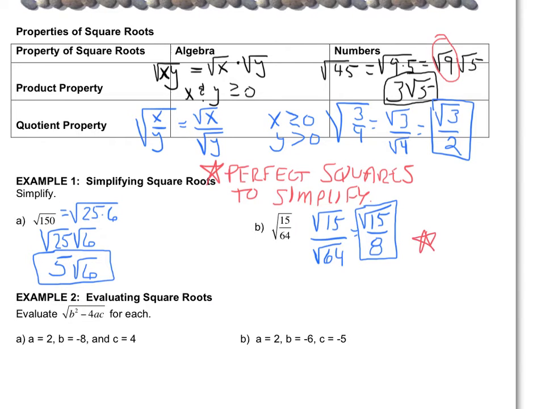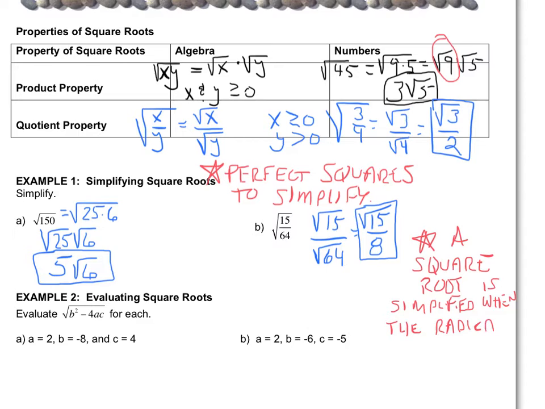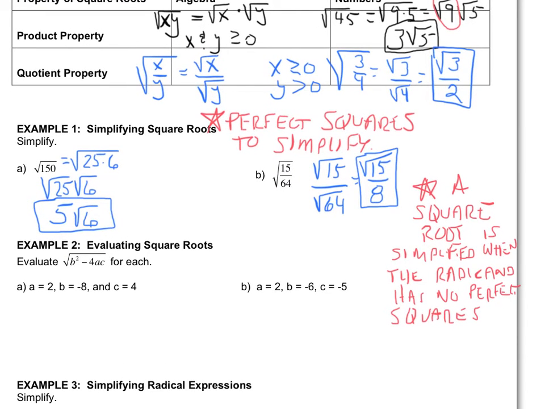So what we want to remember here is a square root is simplified when the radicand has no perfect squares except 1.